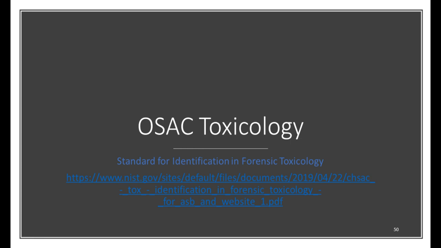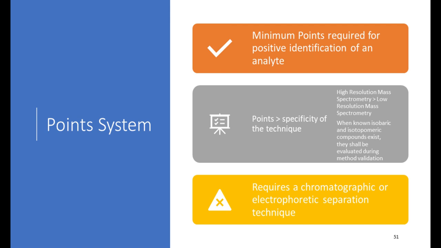The OSAC Toxicology Subcommittee is working on a standard for identification in forensic toxicology. It's actually published on the NIST website in order for laboratories to take a look at it and kick the tires on it and see how it works in their own laboratories. So it's based on a point system. There's a minimum number of points required for a positive identification of an analyte.